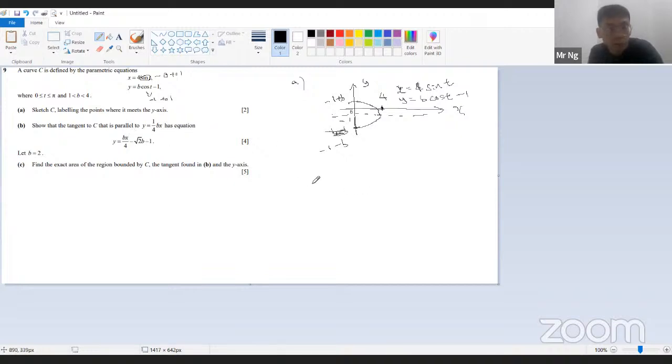Okay, so the curve has so many tangents, just one particular tangent is this thing.